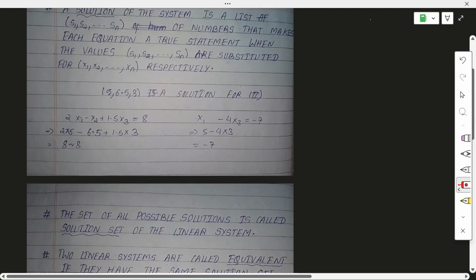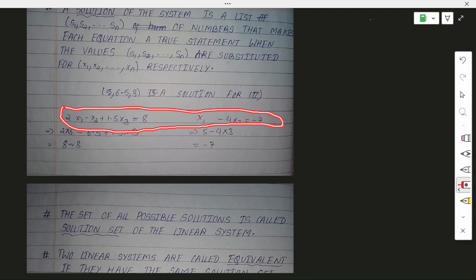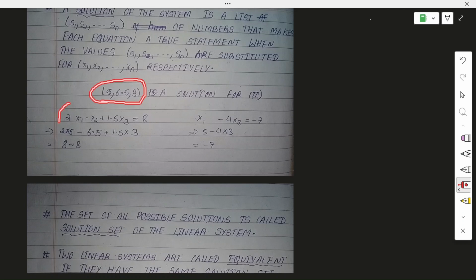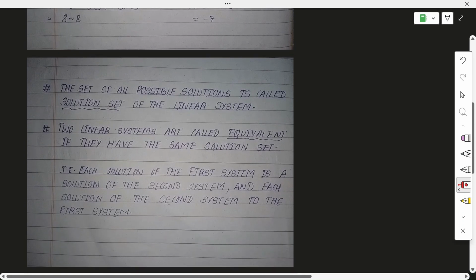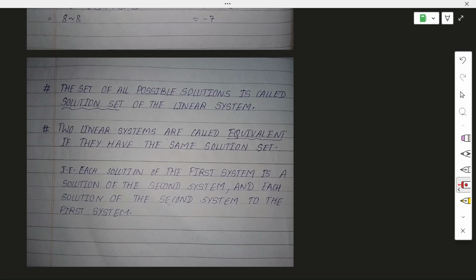If another linear system has the same solution set, then they are equivalent: each solution of the first system is a solution of the second system, and each solution of the second system is a solution of the first.